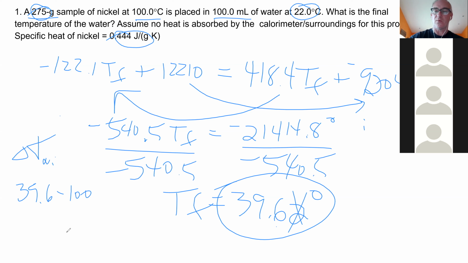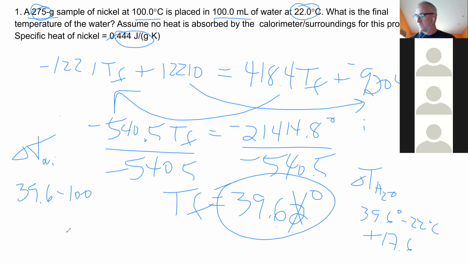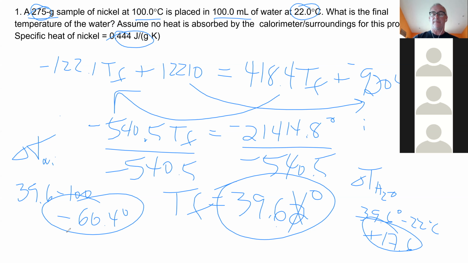And delta T for the water should be 39.6 degrees minus 22. So this one will be 17.6 positive, and the other one will be minus 60.4 degrees.